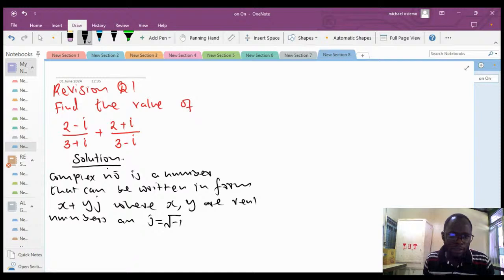In this case, we have some operations on complex numbers.